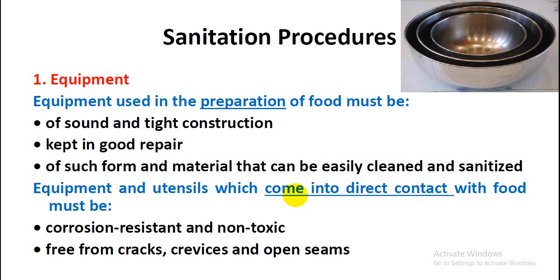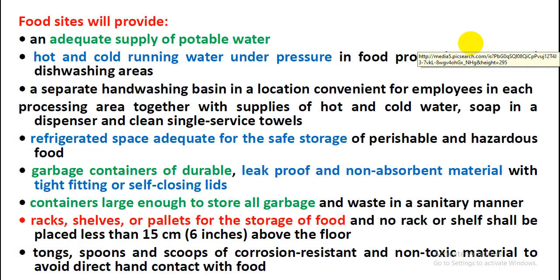Also, these utensils, the tools used in cooking, should be free from cracks, crevices and open seams. This is very important, otherwise these utensils can be considered a good environment for transmitting foodborne illnesses.